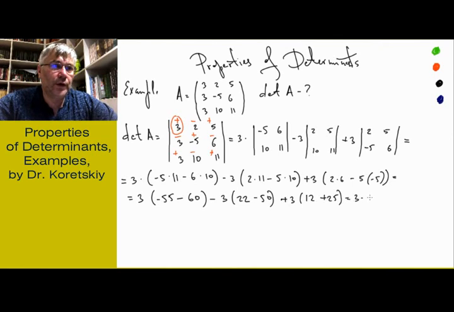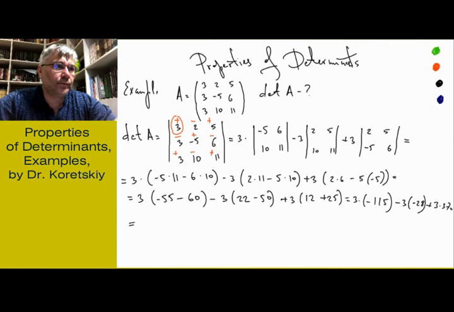And finally we have 3 times minus 115. Minus 3 times minus 28. Plus 3 times 37.